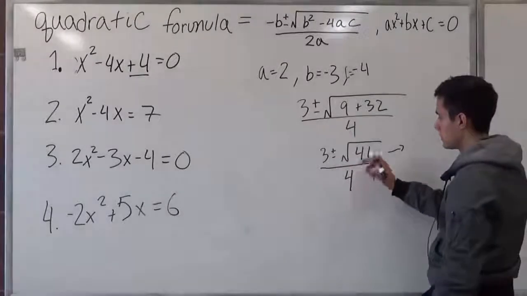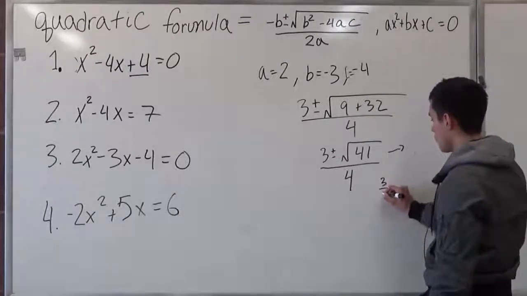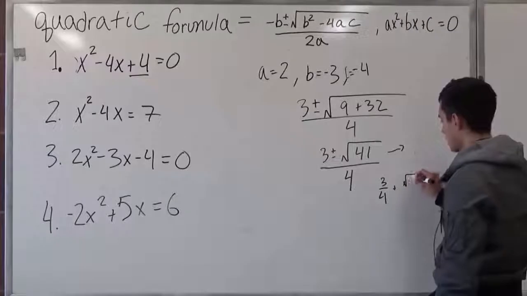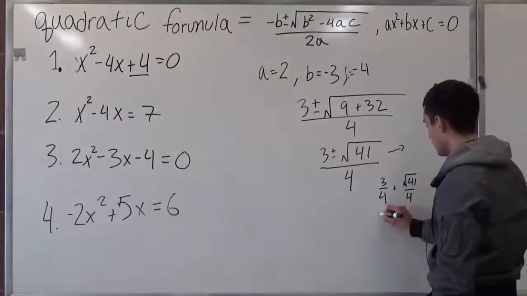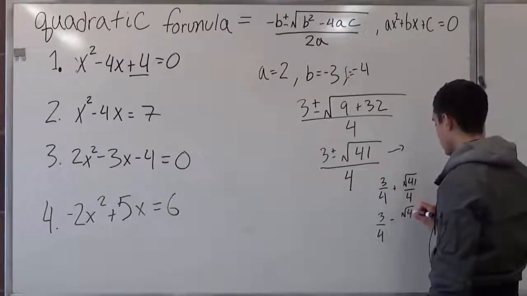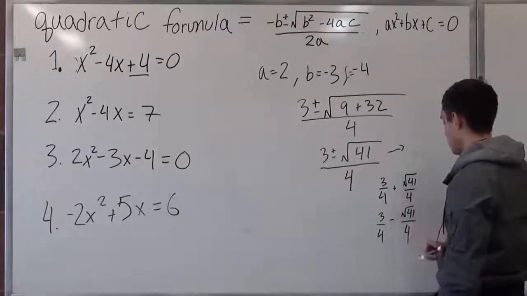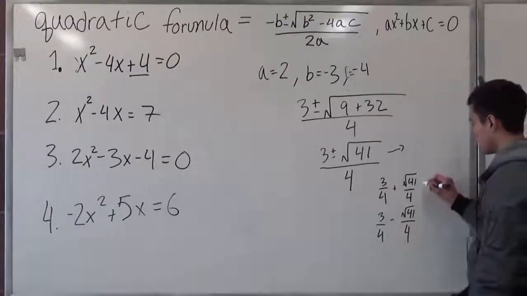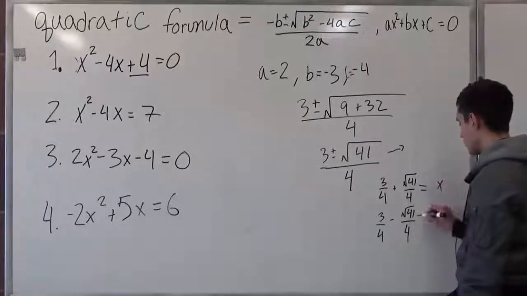So in turn, this just means 3 over 4 plus radical 41 over 4 and 3 over 4 minus radical 41 over 4. So in turn, this could be written as our final answer.